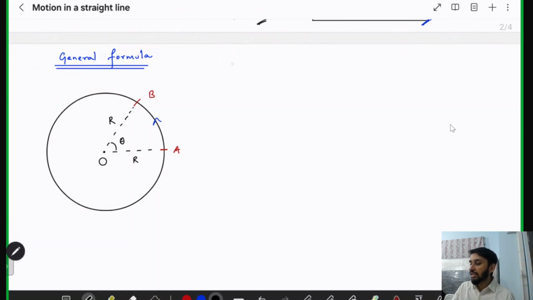So let us see in general the distance. Distance here will simply be this arc length L, and arc length is simply radius into angle in radian.